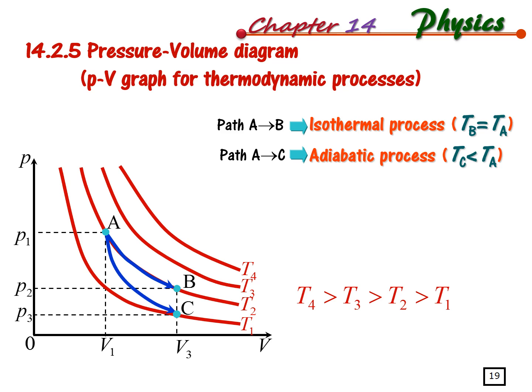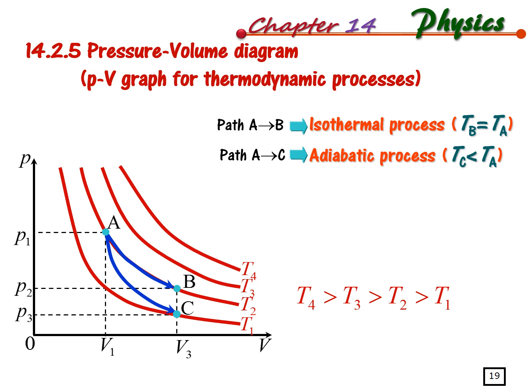We can differentiate these 2 curves by analyzing the gradient. The adiabatic curve, A to C, always has a greater gradient than the isothermal curve, AB. That is how we identify which is the adiabatic curve and which is the isothermal curve.